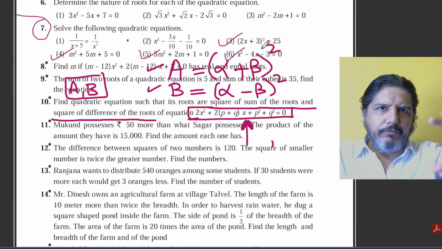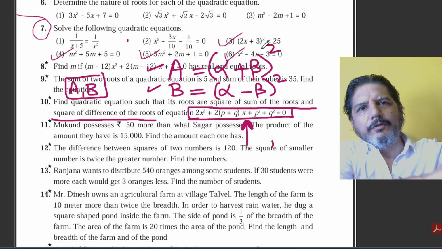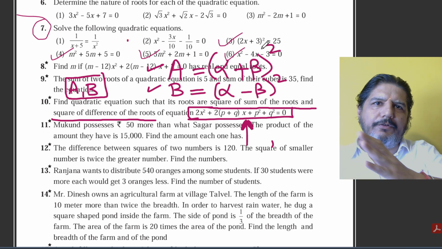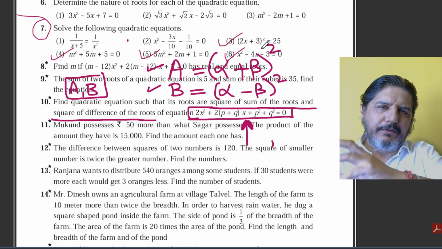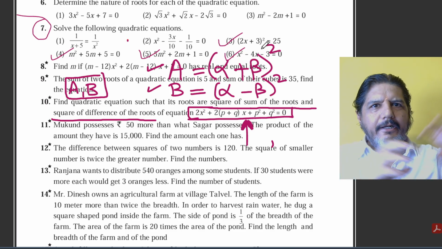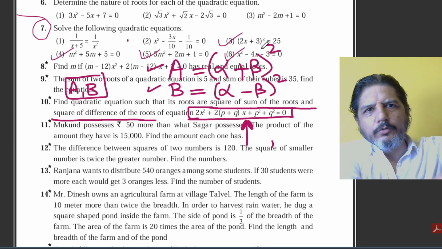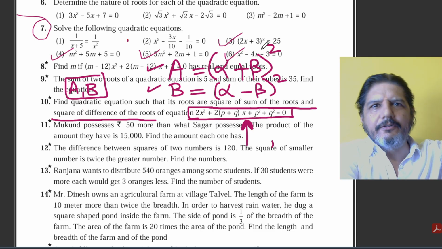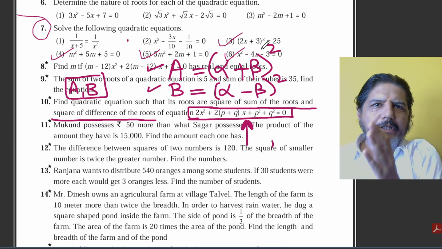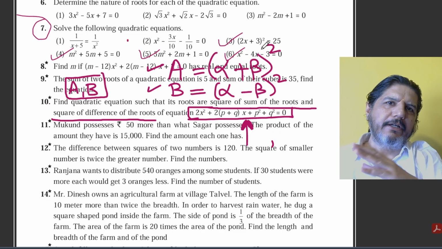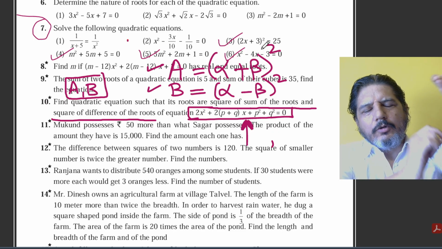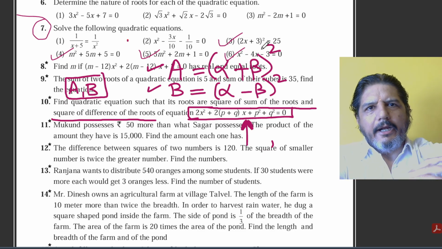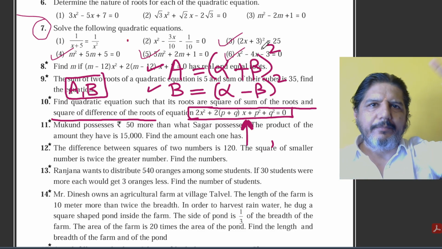We have to form an equation. There is an equation which is given to us. The equation we have to formulate. The roots of this equation that we need to formulate are related to the roots of the equation that is given to us. The roots of the equation that we need to formulate, we have assumed that to be capital A and capital B. The roots of the quadratic equation that is given to us, we have assumed to be alpha and beta.